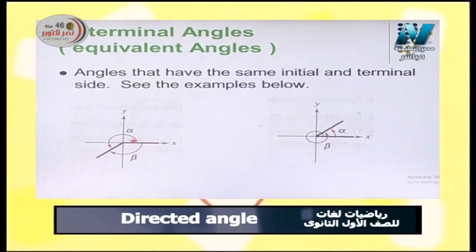Alpha starts from the x-axis and goes to the terminal side, and beta starts from the positive direction of the x-axis and goes to the same terminal side. So alpha is equivalent to beta, or we can say they are two coterminal angles.